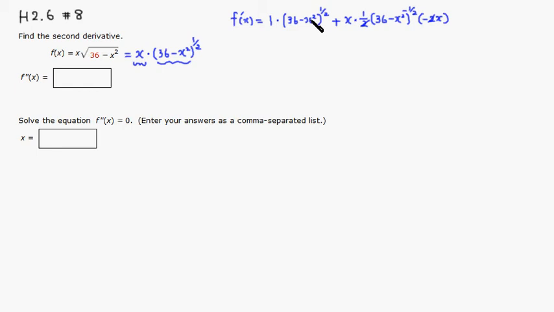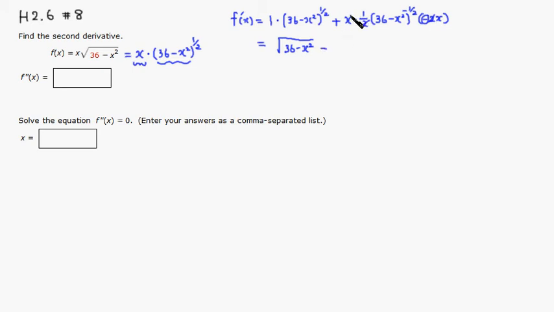Alright, then try to simplify as much as possible before we take another derivative. So here, this is going to be simply square root of 36 minus x squared, right? Plus, or actually, there's a minus sign, so it's going to be minus.